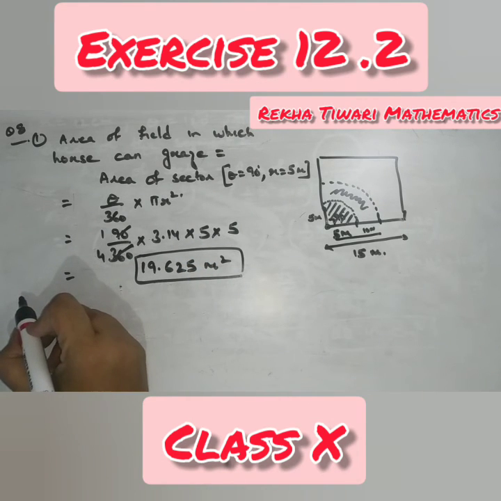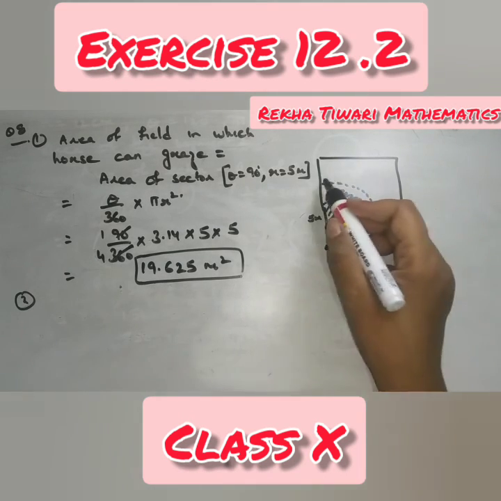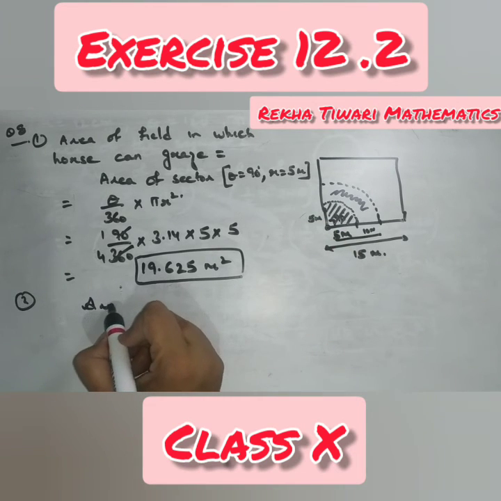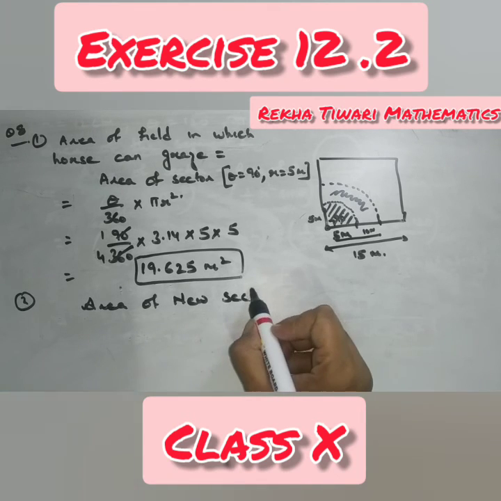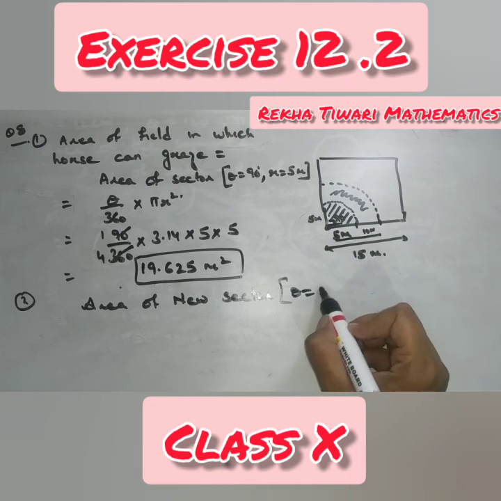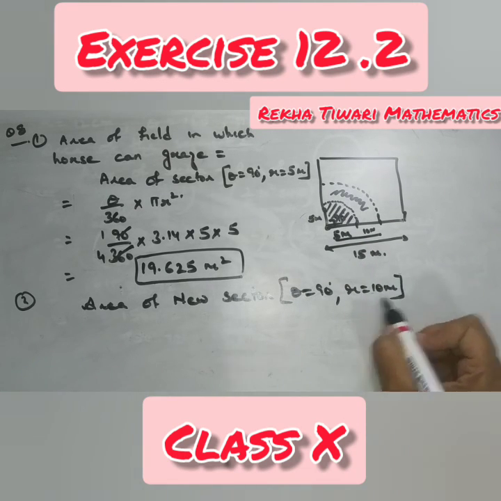Now move to the second part. In the second part, you have to find out the increase in the grazing area. So for calculating the increase in grazing area, you have to find out the area of the new sector. For the new sector theta is again 90, but radius comes out to be 10 meter.